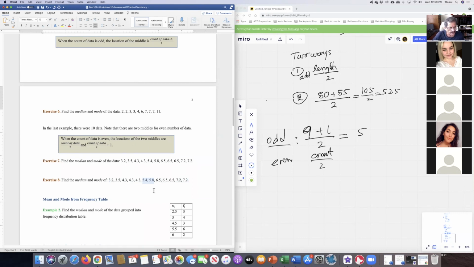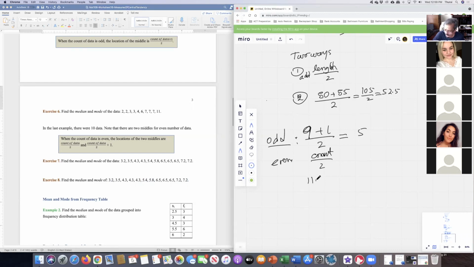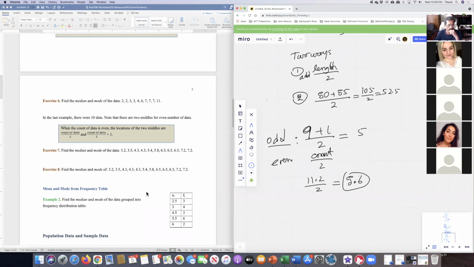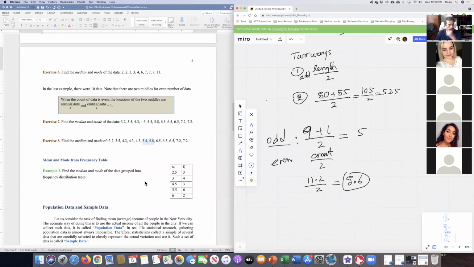So that's 11.2. 11.2 divided by 2 is 5.6. So that's your median. And the mode, there are two modes. All right, so I hope everybody got that. These are very simple ideas, nothing complicated, so I'm sure all of you are able to understand that.